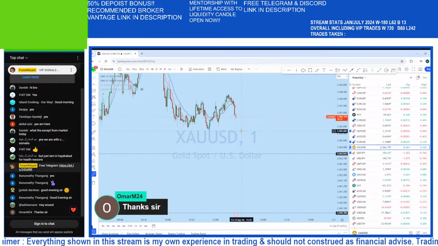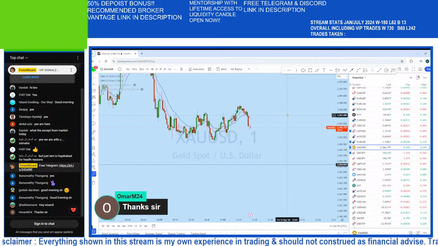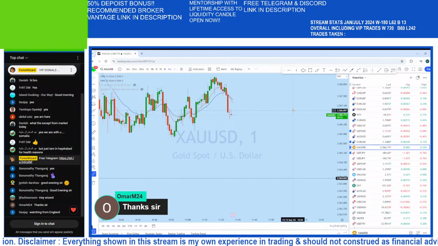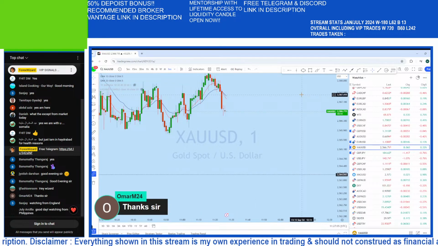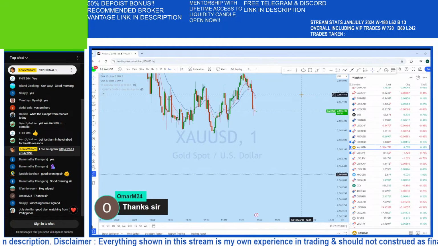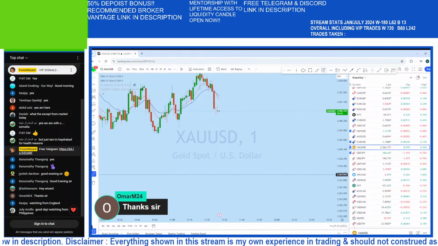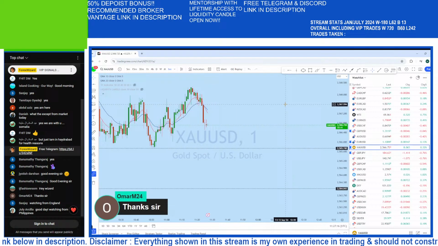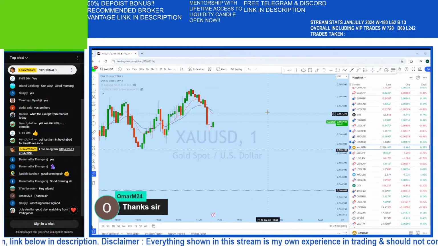You can see a pretty strong drop here on gold, and with that drop, back-to-back two doji formations here. So this is a support level here.